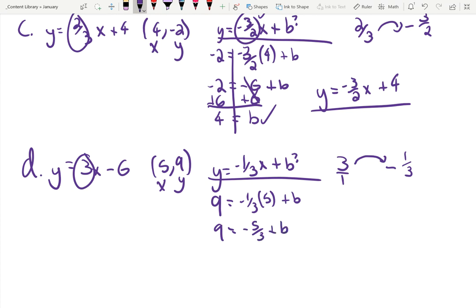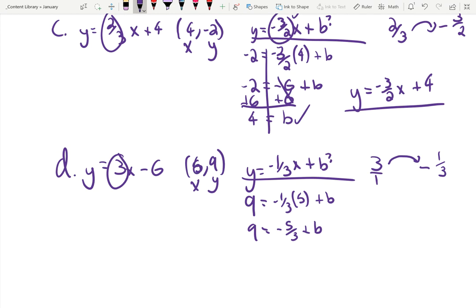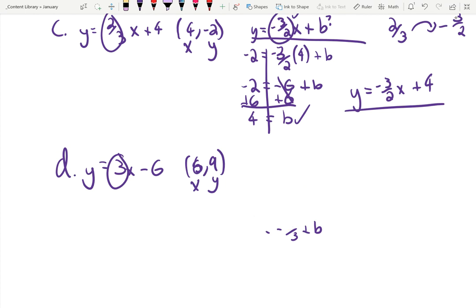Really should have made that a 6 instead. I think that was a mistake on my part. That was supposed to be a 6. All right, let's start over. I can do it with a decimal, but I just don't want to have a decimal answer, especially this early on in trying to learn it. So let's say it was (6, 9). Okay, there we go.